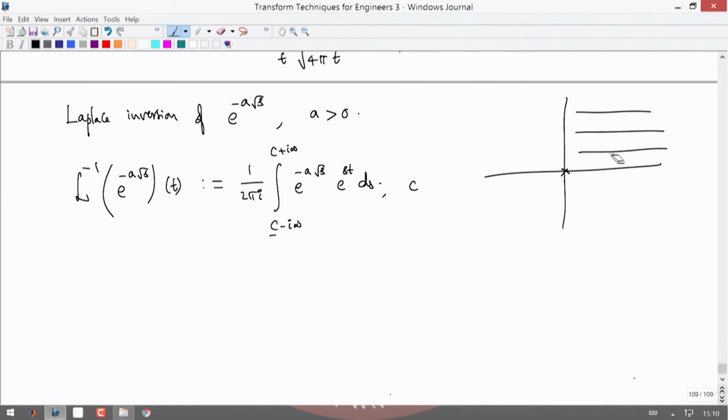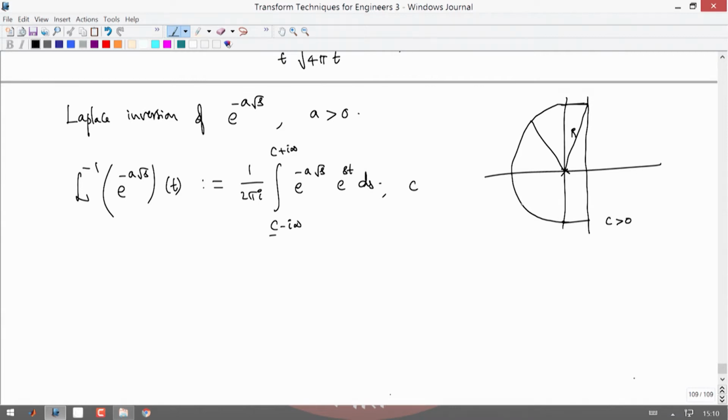You look at this contour; this is your R and this is your R. So you look at this piece, this piece and this piece.